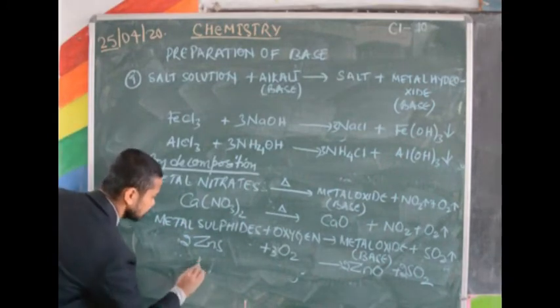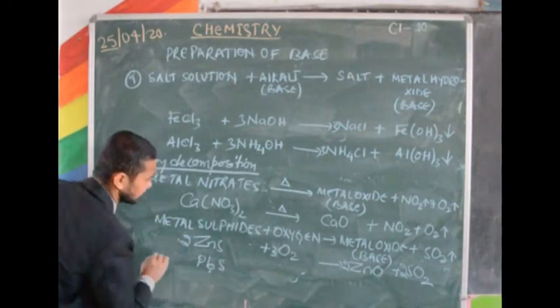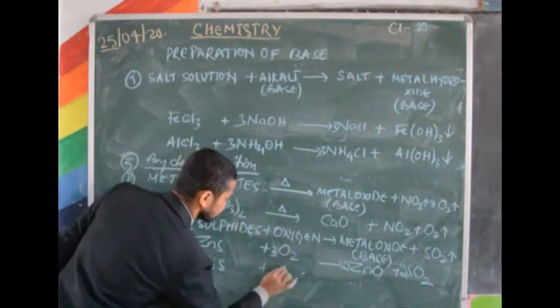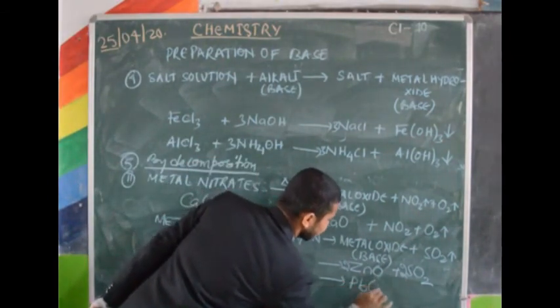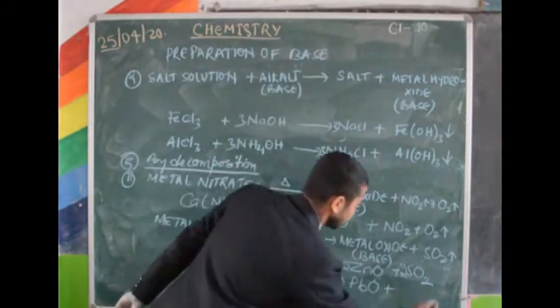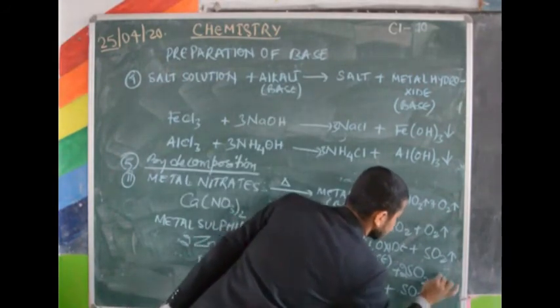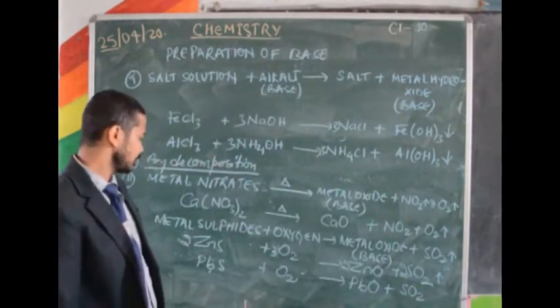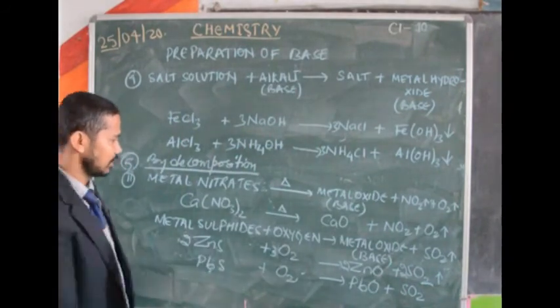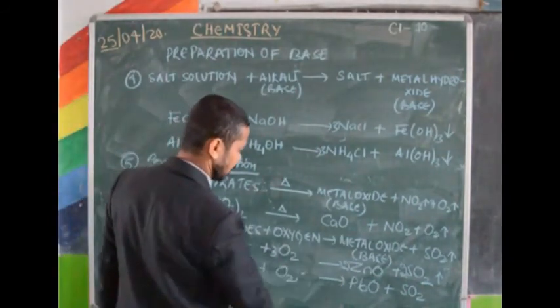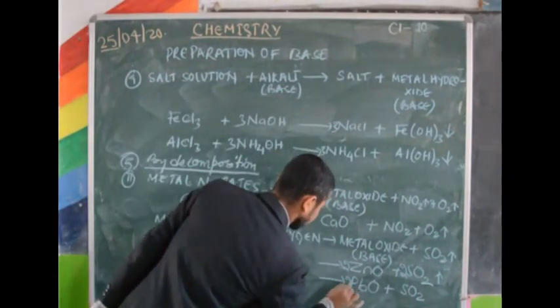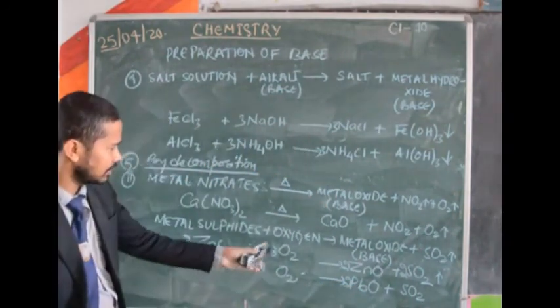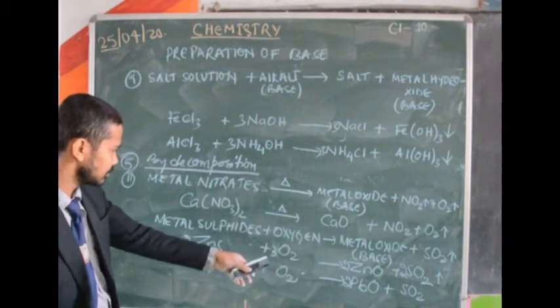Similarly, lead sulfide plus oxygen gives lead monoxide plus sulfur dioxide. Lead 1, oxygen gives 2, is 1. So make this also balanced. So 2, then oxygen is 4 and lead is 2.